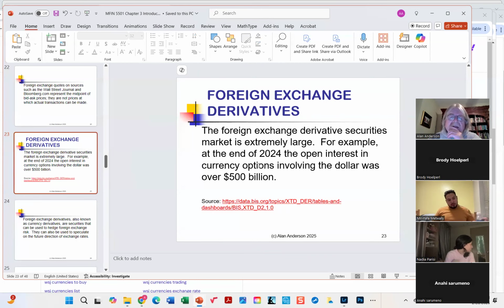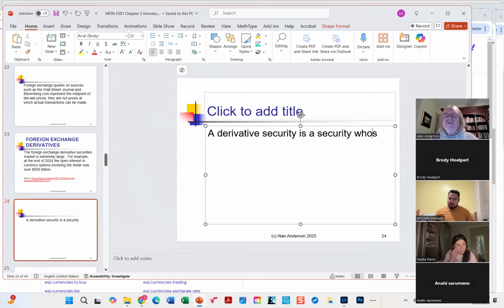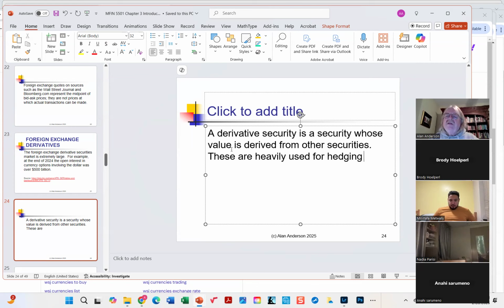Oh, and by the way, what exactly is a derivative security? Let me quickly define that for you. A derivative security in general, it doesn't matter if it's a foreign currency one or not, is a security whose value is derived from other securities. These are used for hedging risk and/or speculation.